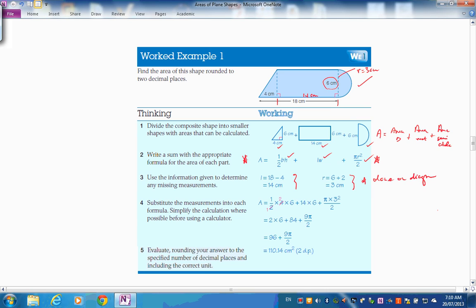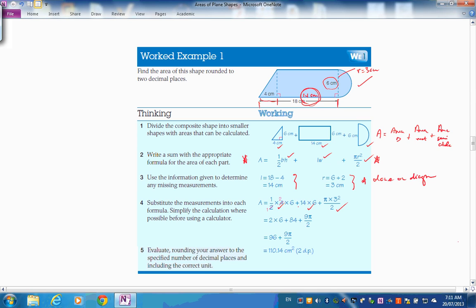So you have to do a bit of sussing out here. If it's 18 from there to there, take off 4, that length of that rectangle in there is 14. Can you see it? Okay, so then you do the separate substitution in here. Base times height, then length times width, and then a half pi r squared.